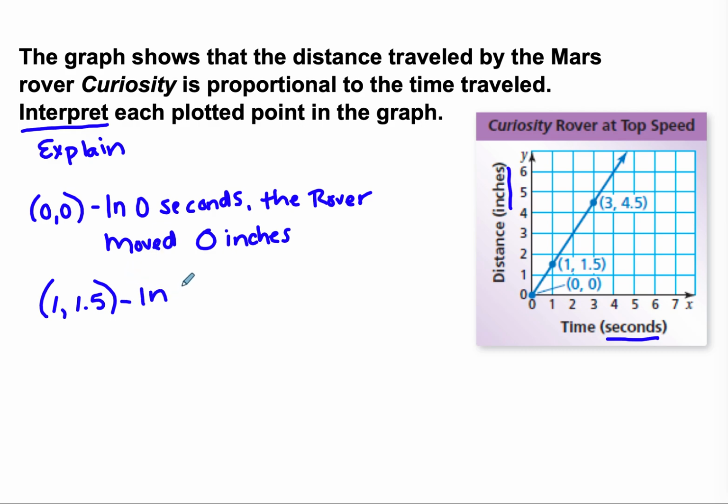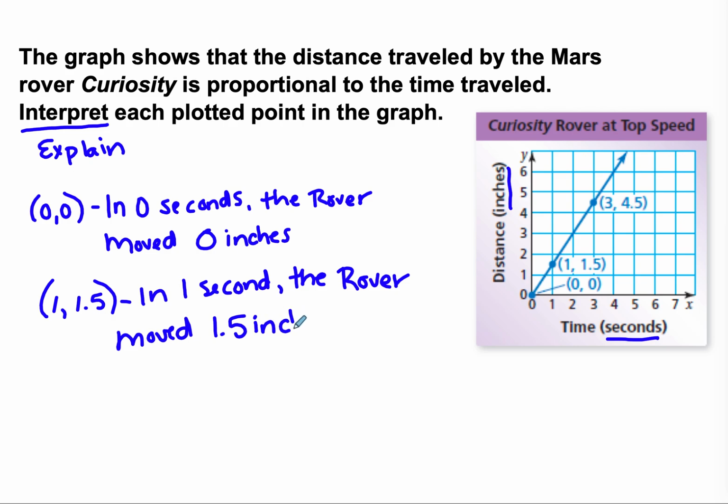So in 1 second, the rover moved 1.5 inches.